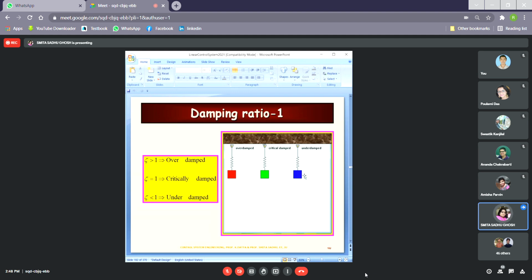So that is what I wanted to show, but the animation is not working anyway. Physically, the damping ratio is what makes it go back to its original position.